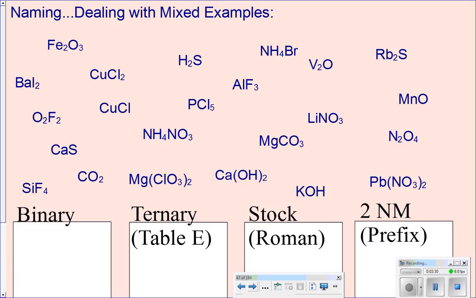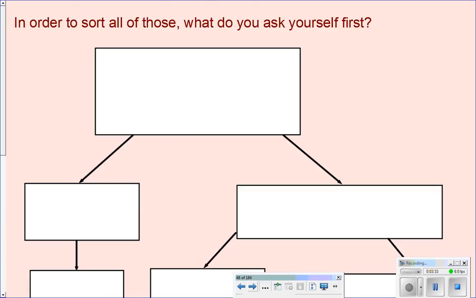So I'd like you to think about what you actually had to ask yourself to get to this point. First thing we asked ourselves is how many capital letters we have.